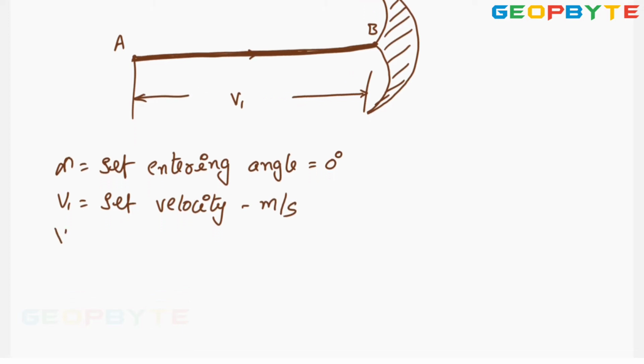Then the horizontal component of velocity, also called whirl velocity, equals V1 cos alpha. For this case, since alpha equals 0, cos 0 equals 1, so Vw1 equals V1. Here Vw1 and V1 are both equal.